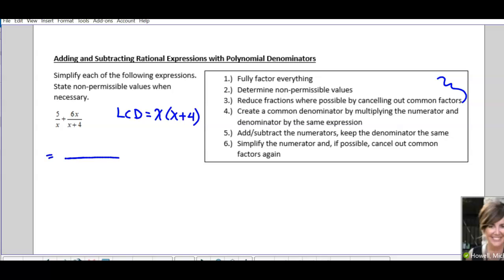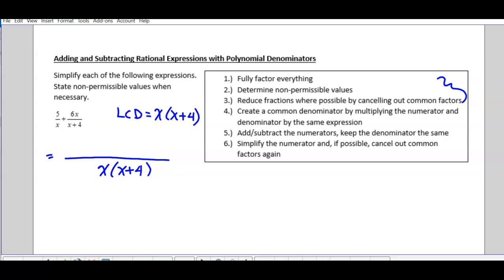And so this is where I do tend to show it as one fraction so that I don't have to keep writing out that denominator because it gets tedious. You're going to multiply here by x plus 4. So really, that's 5 times x plus 4 in brackets. I'm going to show that step here.